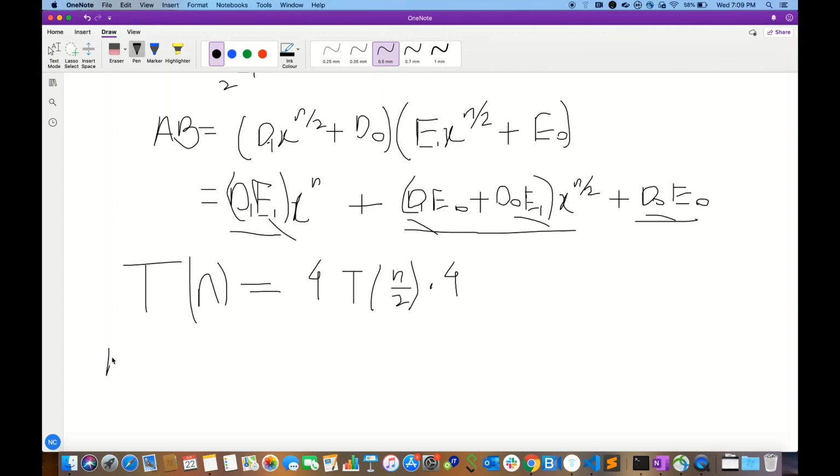Ax will be something like 4x square plus 3x square plus 2x plus 1, and the bx provided would be something like x cube.